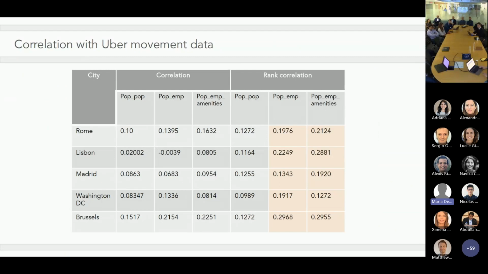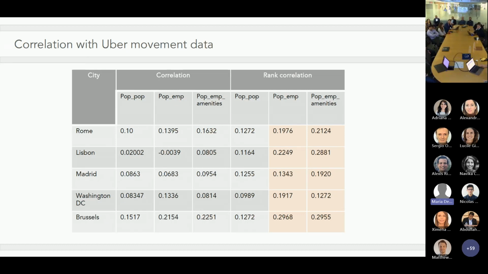So looking at the correlation here, we look at three different approaches. One is where we draw origin and destination from the population distribution, so we are only looking at how people move within the city. Then we look at population and employment data, where the origin is taken from the population data and the destination from the employment data, so we're focusing on commutes.